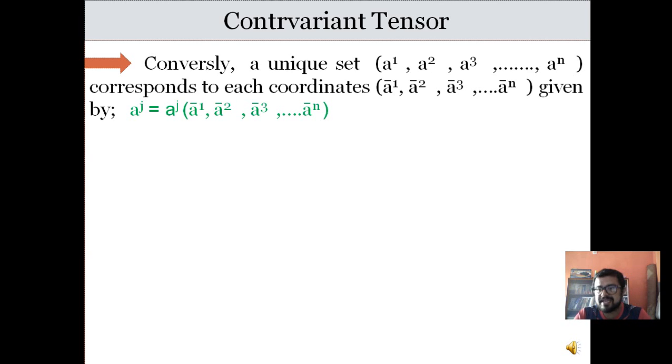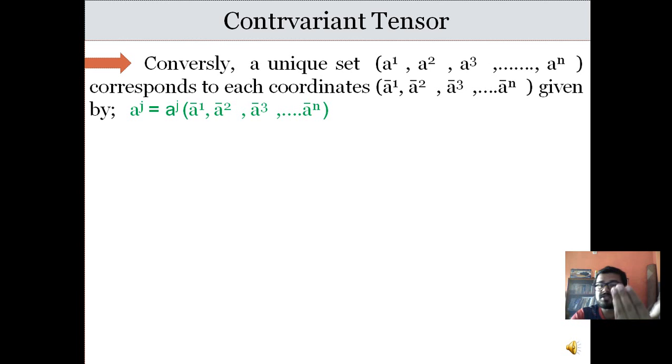Conversely, we can also say that the unique set a1, a2, a3 up to an, which is correspondingly related to another coordinate a bar 1, a bar 2, a bar 3 up to a bar n, can be related by the equation aj is equal to aj (a bar 1, a bar 2 up to a bar n). It means that the two coordinate frames of reference are correlated to each other.